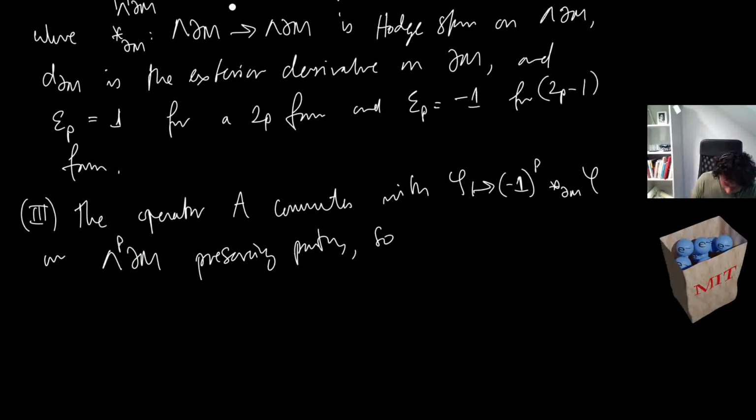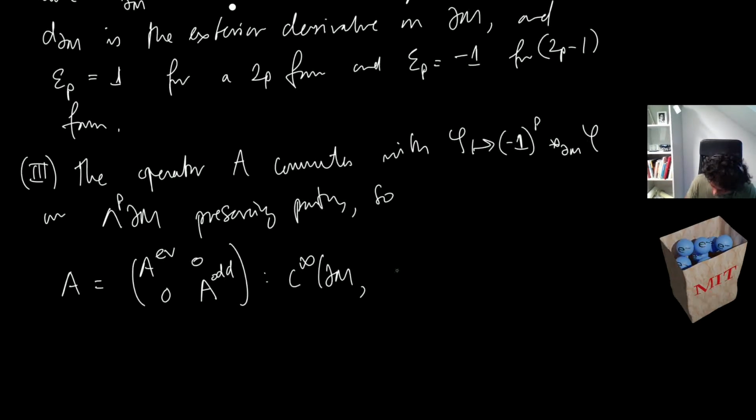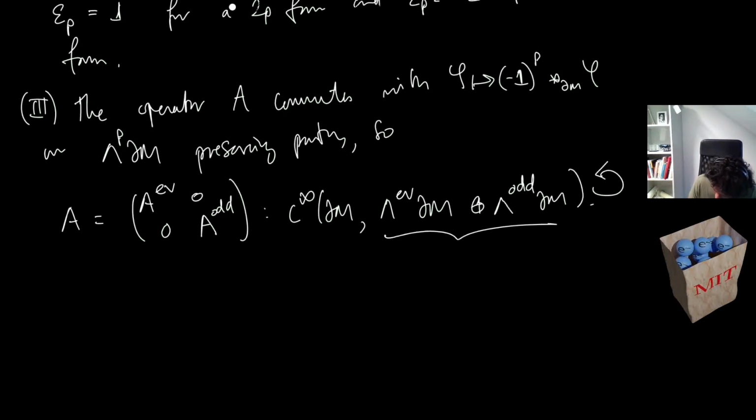So A now splits into an operator on even forms and odd forms in this diagonal way, right? So this is partial M even forms, partial M plus odd forms, partial M. So of course this maps into itself, and this whole thing is equal to the full exterior algebra on the boundary.